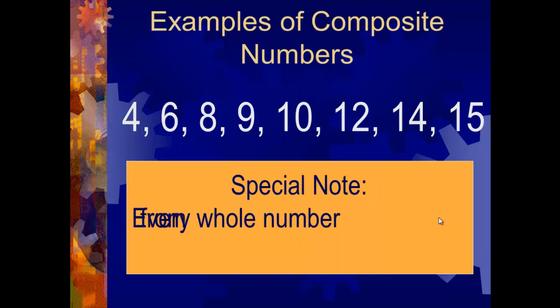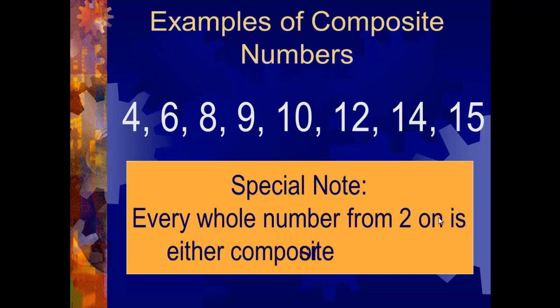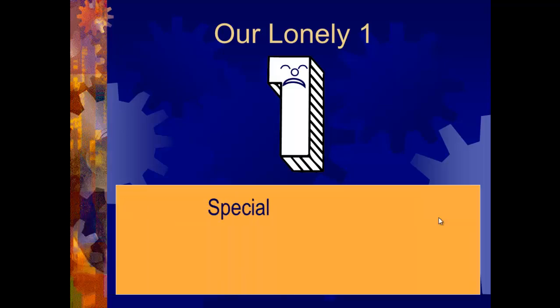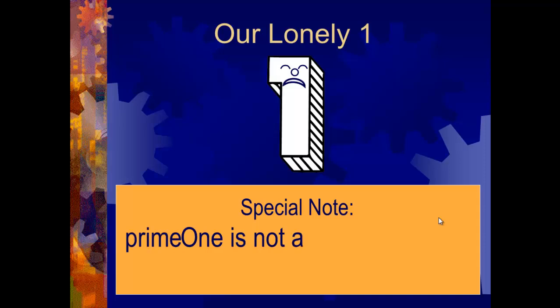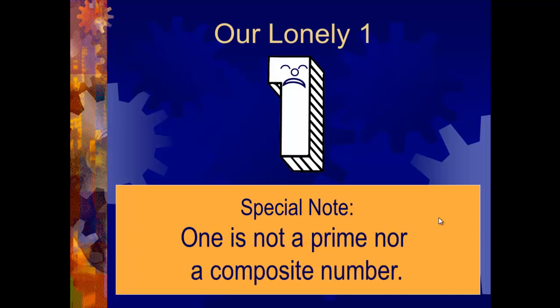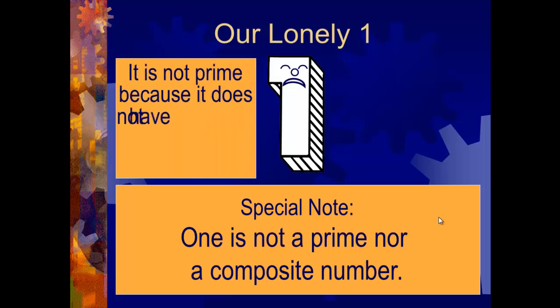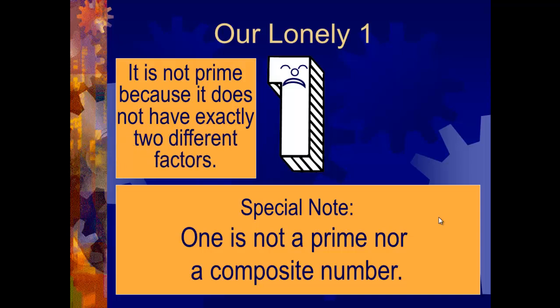So, every whole number from 2 on is either composite or prime. Now, our lonely 1. 1 is not a prime, nor composite. Why? 1 is not prime because it doesn't have exactly 2 different factors.